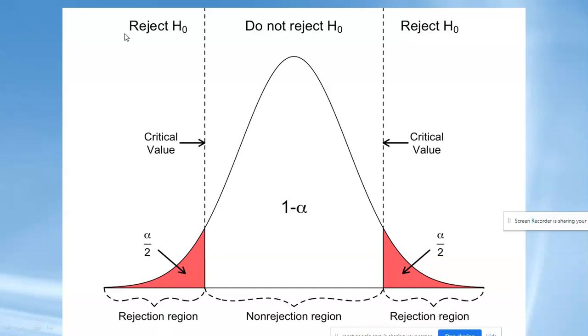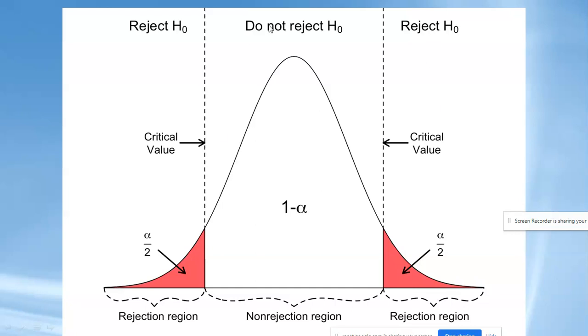On the top of this normal curve, you can see reject H0, do not reject H0, and again reject H0. H0 is the null hypothesis, so we reject the null hypothesis whenever your value lies in this red region, or when it is less than 0.05.